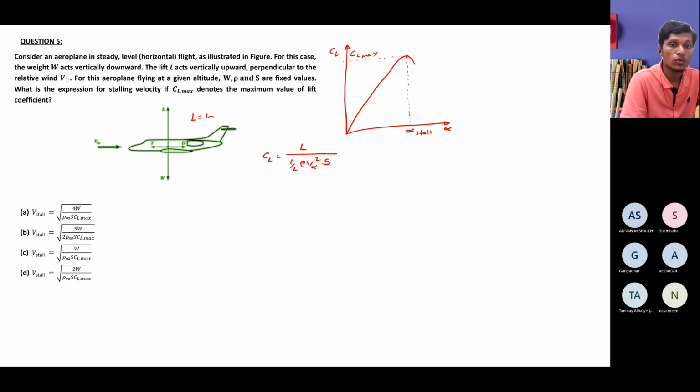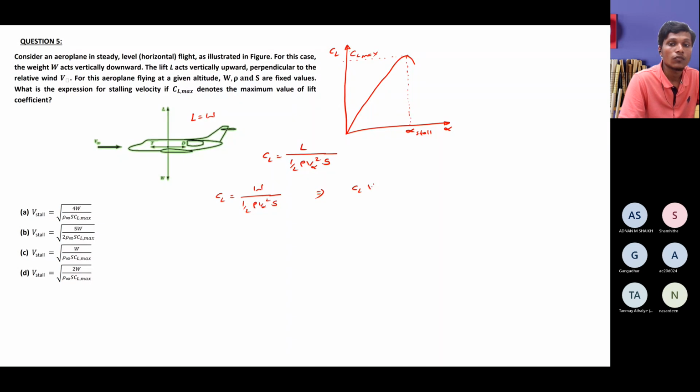L equals W. So let me substitute L equals W. CL equals W by half rho V infinity square S. What are your constants? Let me take out your constants.